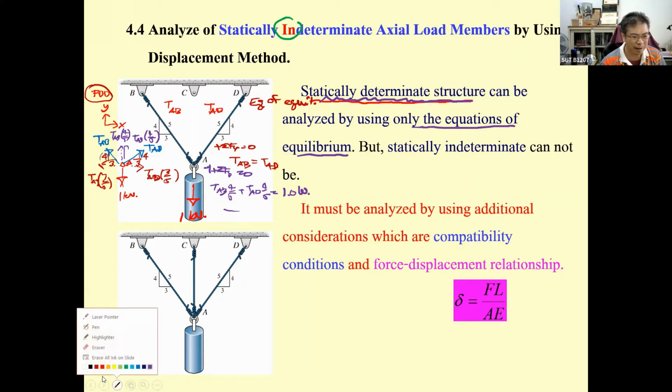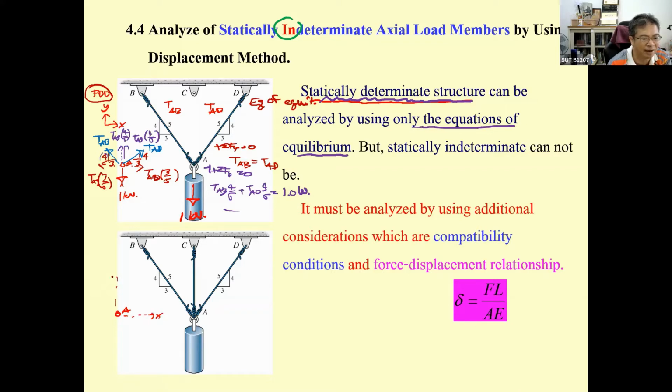For example, if you again draw this one as the A, and then this one is the X, and this one is the Y, and 1 kilonewton force here, and the force in the cable, number 1 is here, and number 2 is here. This is T sub AB as before. This is T sub AC, and this is going to be T sub AD.